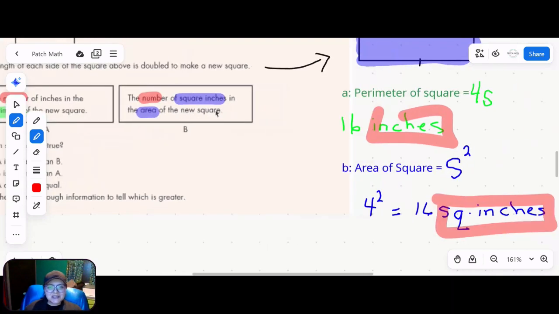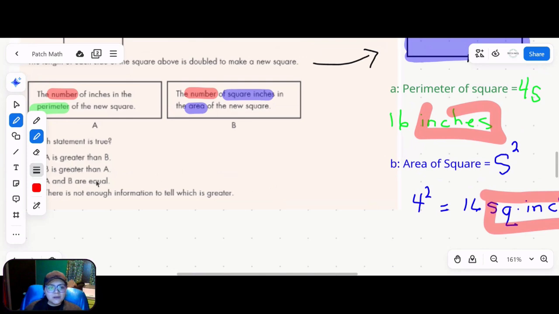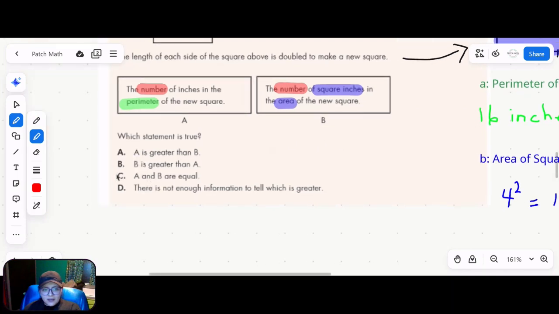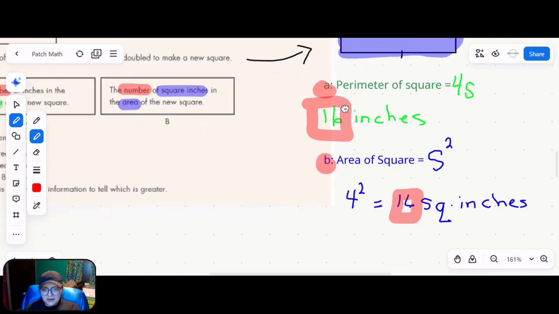And because it is asking for number only, and not comparing both answers as a whole, so including units, we are not including those in this comparison. We are looking at just the 16s there. And on this problem, you'll see that A and B are equal. We have a 16 and a 16. A and B are equal.